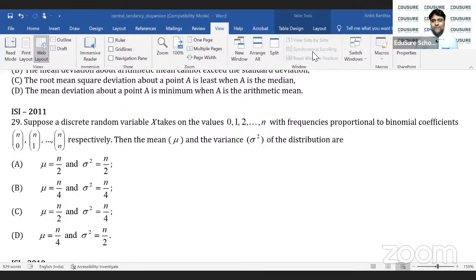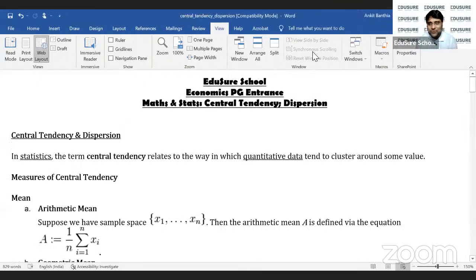This is just to give you insight into our methodology of teaching, right? That is the purpose of a trial class at the end of the day. So let's begin with the topic central tendency and dispersion.